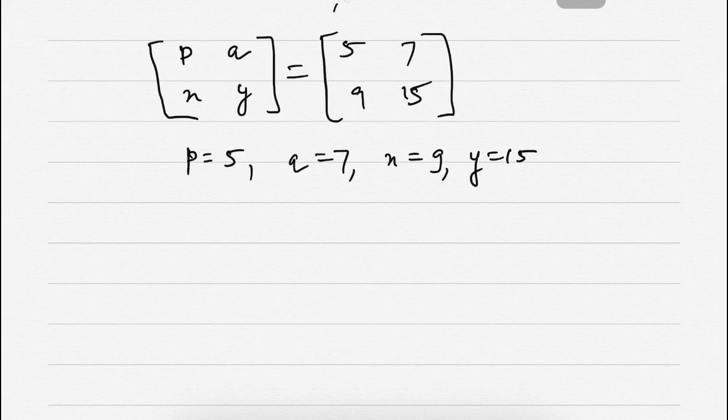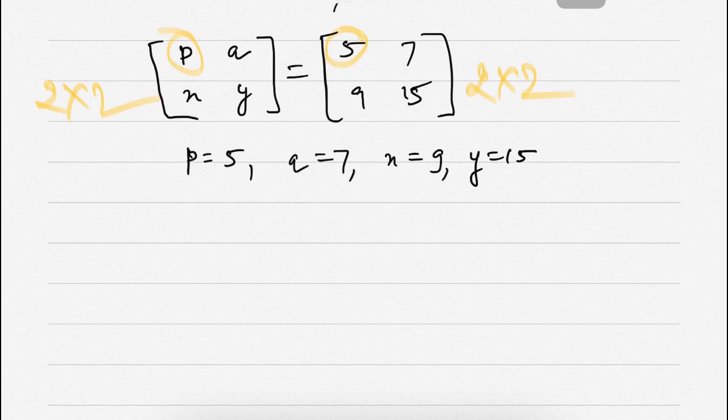Two matrices will be equal only when they are of the same order. Second, their corresponding elements should be equal. The order of the first matrix is 2 by 2 and the second matrix is also 2 by 2.